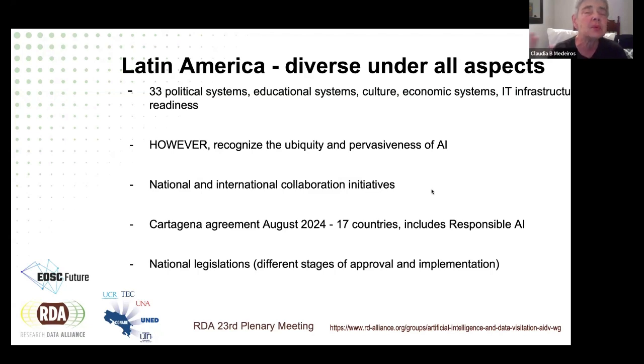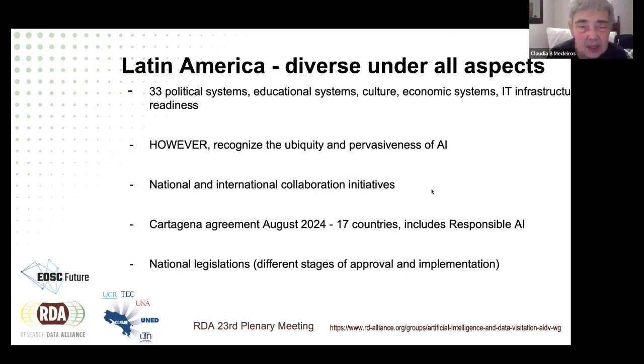And perhaps the most important is a treaty signed by 17 countries to share best practices, collaborate, and obey responsible AI. So there you see 17 countries signed out of 33, and many of them already have national legislations.